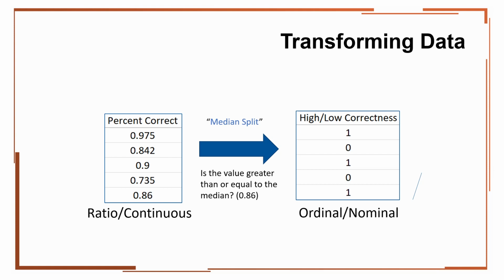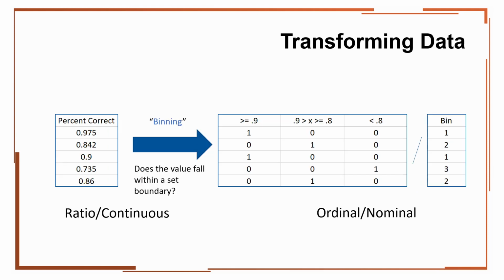There are a range of functions that can be applied to different data types to convert them into other types, like using a median split to convert continuous features into binary or ordinal features. We can also use binning, which converts continuous features into ordered multinomial features. Again, a lot of these are going to be reintroduced in the next module as well.